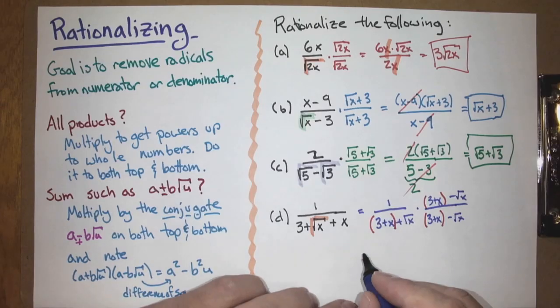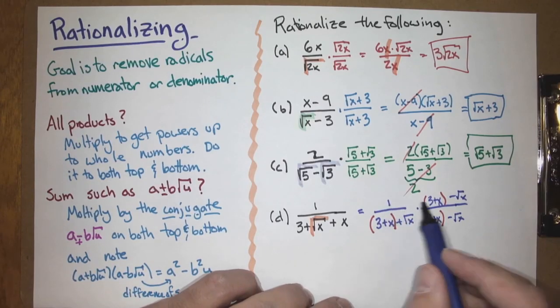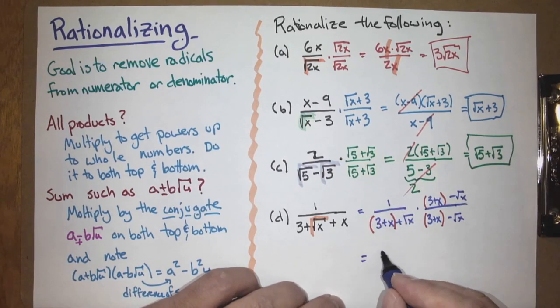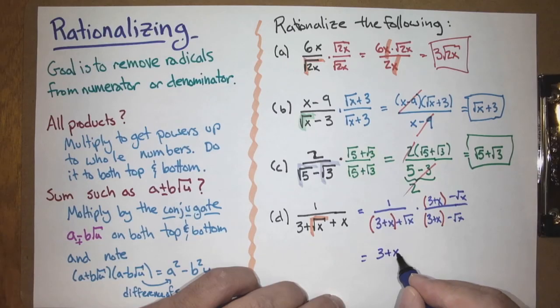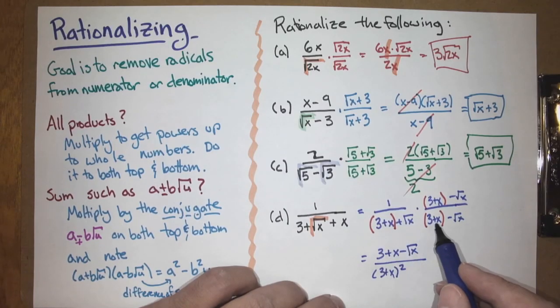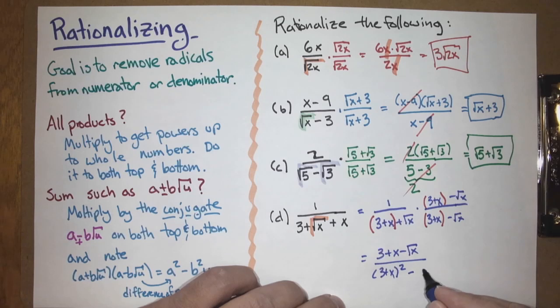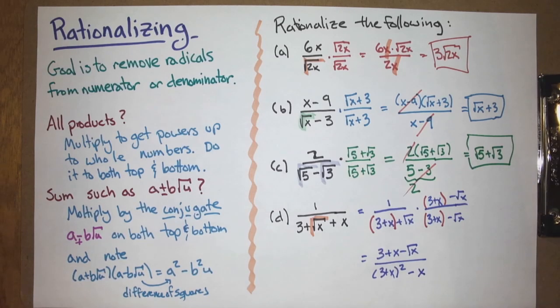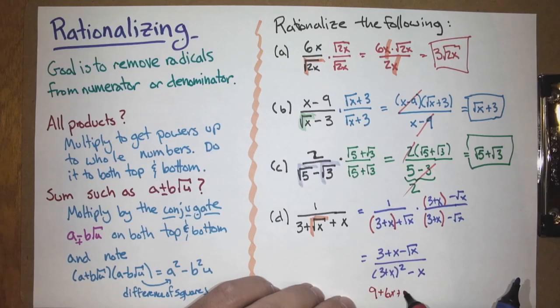So what will happen? Well, upstairs, 1. The good news, 1 times anything is the thing. We've been using that a lot. It's a big thing that happens. Downstairs, you get 3 plus x squared, right? Your first term squared, minus your last term squared, which is x. Now, if you expand 3 plus x quantity squared, that's our 9 plus 6x plus x squared.